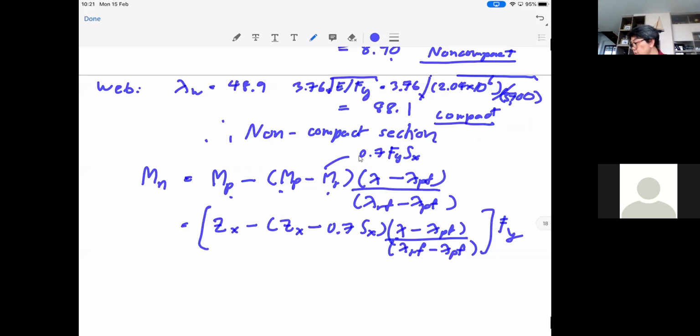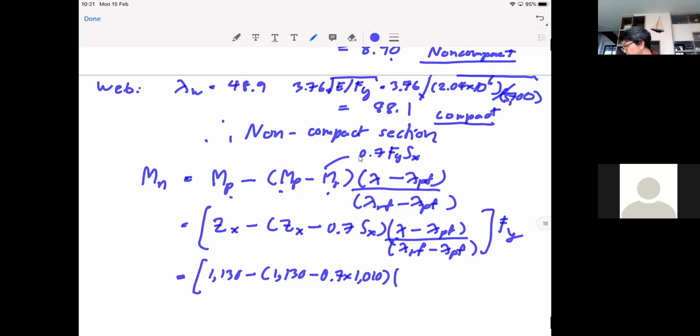Okay, so Zx is, excuse me, trying to be consistent. So Zx is 1130 minus 0.7 multiplied by 1010.